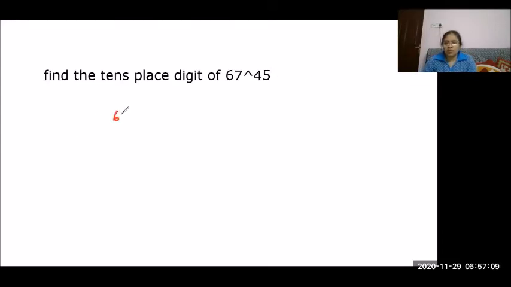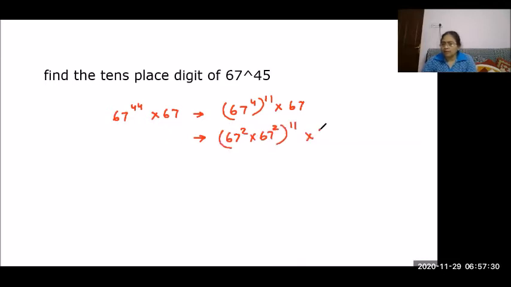I can just split it as 44 plus 1, so 67 to the power 4, 11 times, into 67. 67 to the power 4 is 67 square into 67 square. As I told you, 67 square, what will you get? 89. So 89 into 89 to the power 11 into 67.